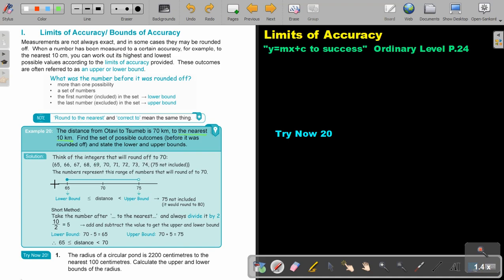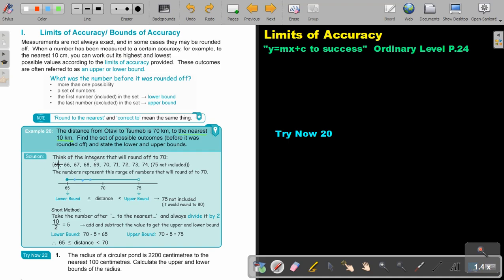Okay, so I'll show you now how we work with that one. The range of numbers that will round off to 70 is from there. So it means it's not just the integers. Okay, let me show you. The integers will be 66, 67, 68, but there's always also values in between.